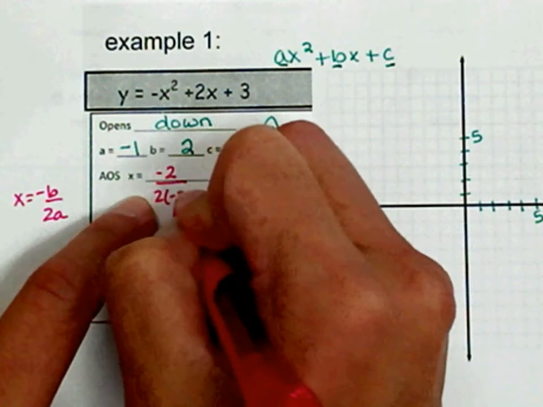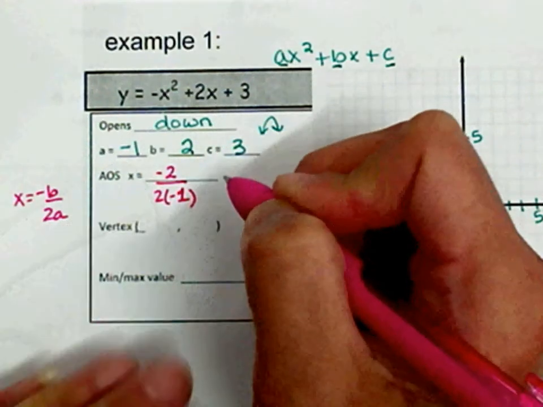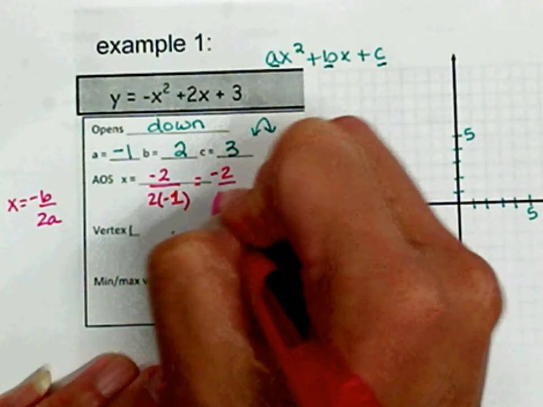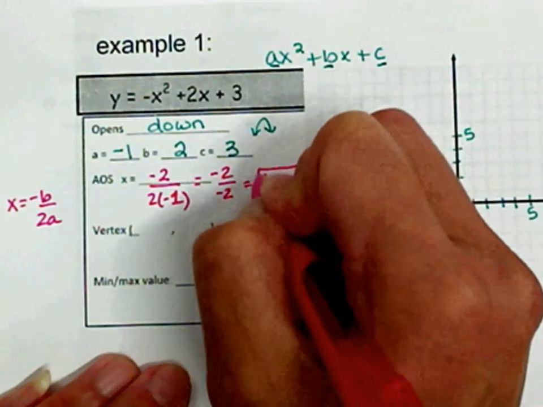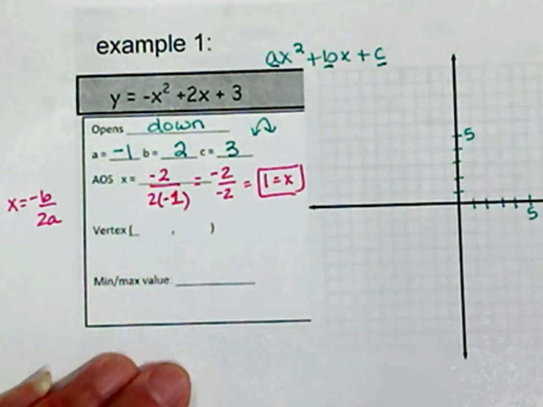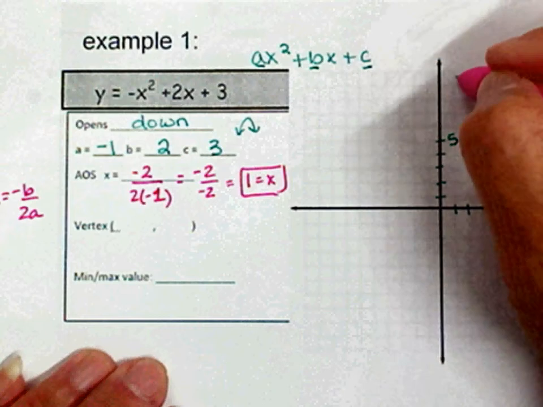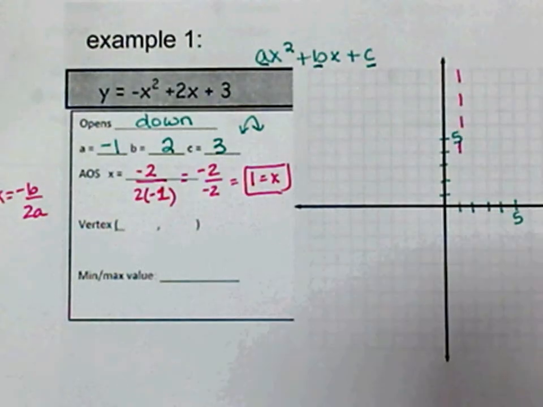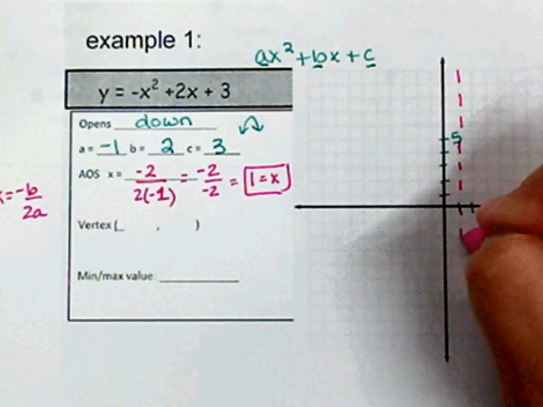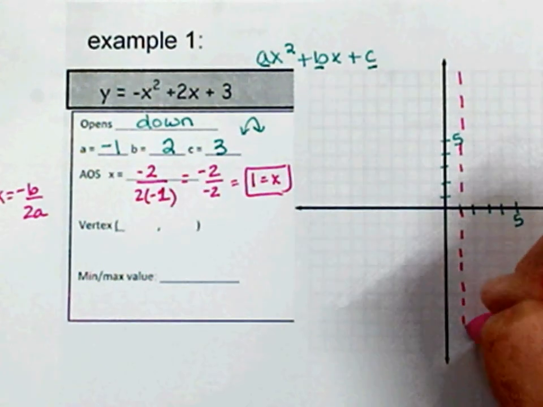Your a is -1. Then you simplify: -2 over -2 is 1. That is your axis of symmetry. So we're going to cross the x-axis at 1. There is your axis of symmetry.